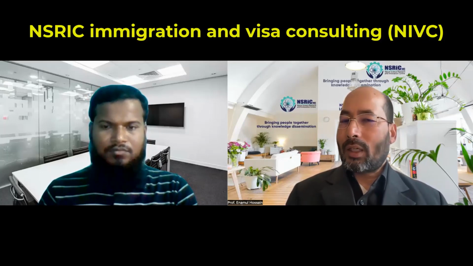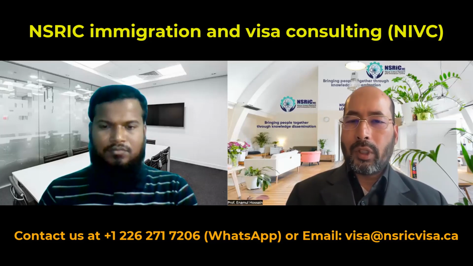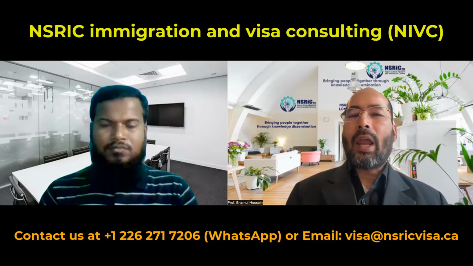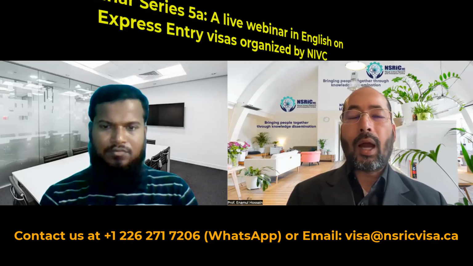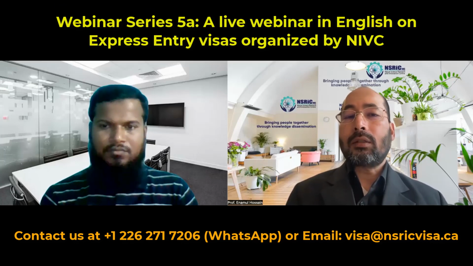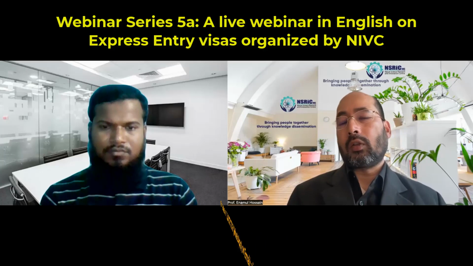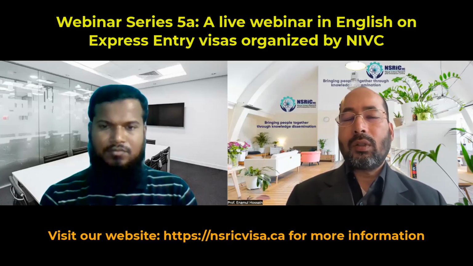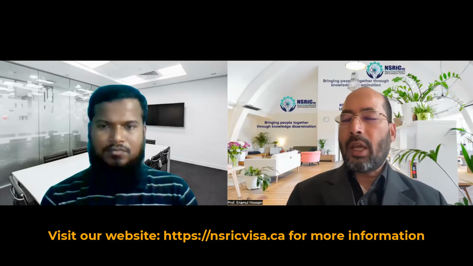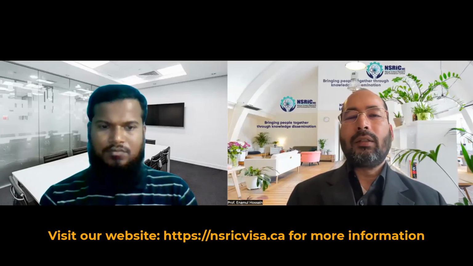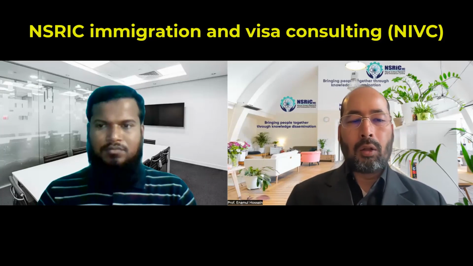So my brothers and sisters who are with this webinar series today, if you are interested in migrating to Canada under this category, you must consider your age also. After 45 years, if you think you will be migrating under this category, there is a risk for you. Many agents will give you nice wording. They will give you a 100% guarantee, but all of this is fake. So please be aware of all this.